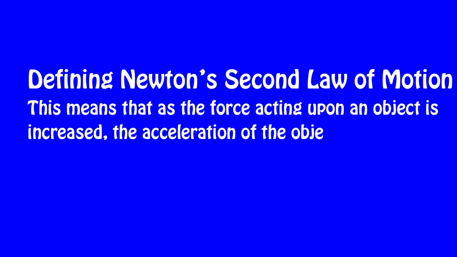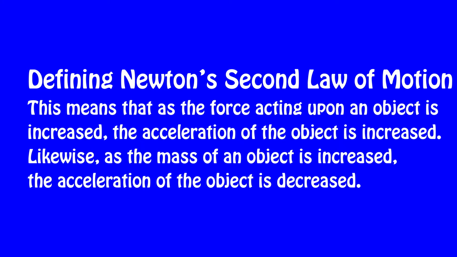This means that as the force acting upon the object is increased, the acceleration of the object is increased. Likewise, as the mass of an object is increased, the acceleration of the object is going to decrease.